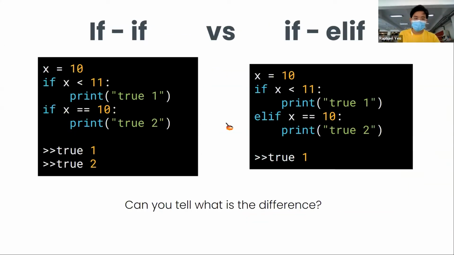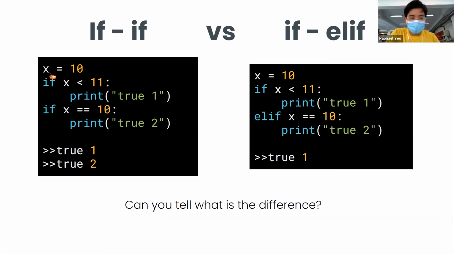So let me show you one more thing, which is the difference between the if and the elif. Over here, you can see two codes and you can see the result at the bottom. As you can see, if you have two ifs over here and both ifs are true, it will print both true 1 and true 2.